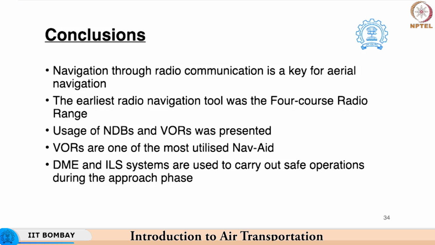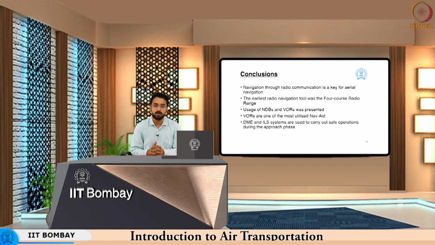The earliest radio navigation system used to carry out air navigation was called the four-course radio range. Subsequently, the aviation industry ventured on to other instruments, initiated by the usage of NDBs and VORs, and this presentation has provided you details related to the usage of these two basic radio navigation equipments.